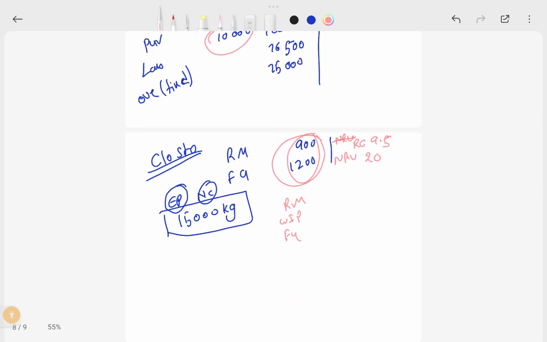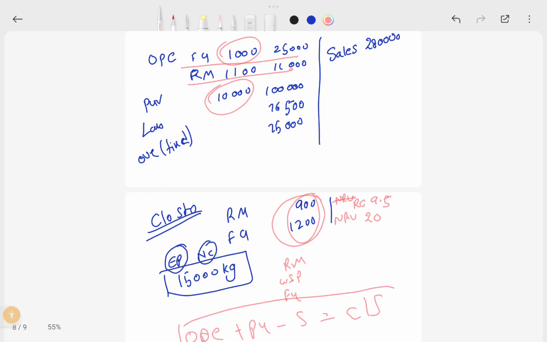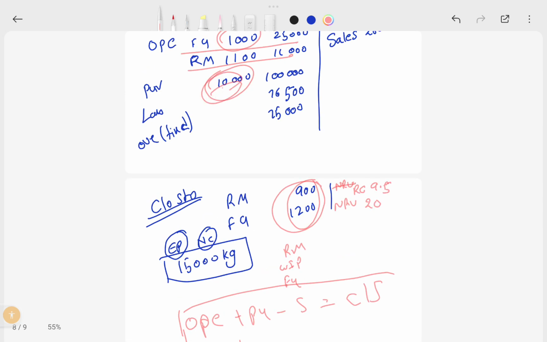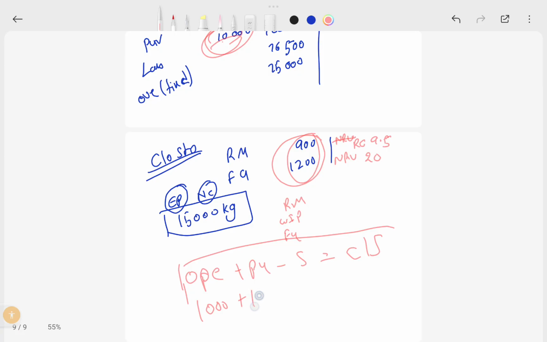So if you see the formula, opening stock plus purchases minus sales is equal to your closing stock. What is your opening stock? They have given 1000. How many goods you purchased? Again, 10,000.